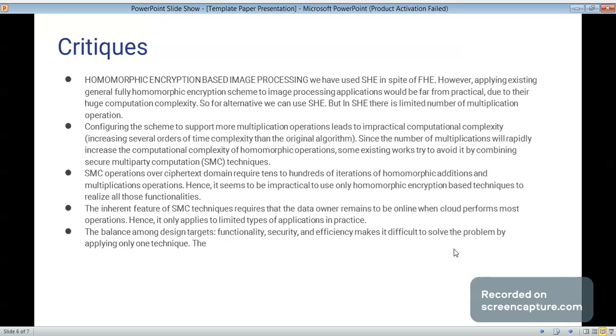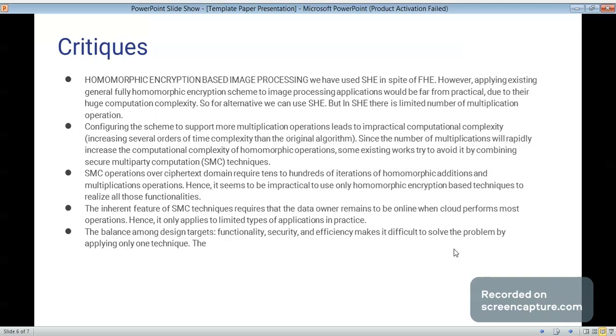But there is one more issue: SMC operation in a cipher-type domain requires 10 to 100 iterations of homomorphic addition and multiplication operations. So it seems impractical to use only homomorphic encryption based techniques to realize all the functionality. There is a trade-off between functionality and computational power, so a compromise has to be made when you are using these techniques.